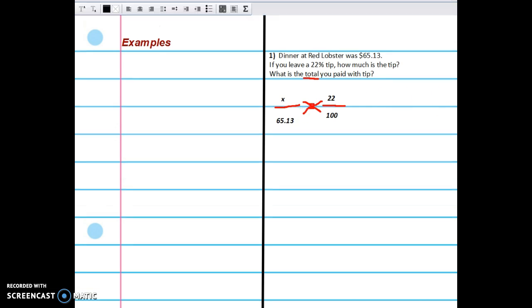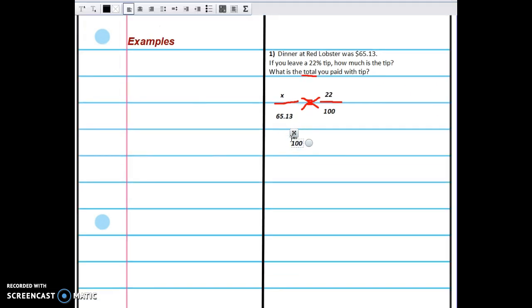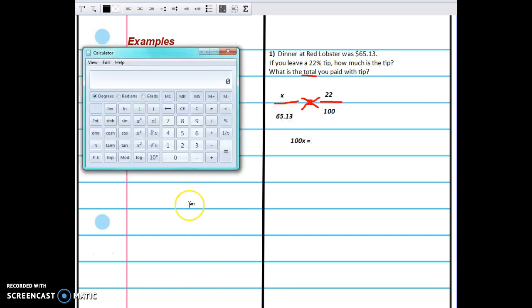Alright, so now we'll cross multiply. So that's going to give me 100x. That'll be equal to, let's see what 6513 times 22 was. So 6513 times 22. So again, we solve proportions by cross multiplying.